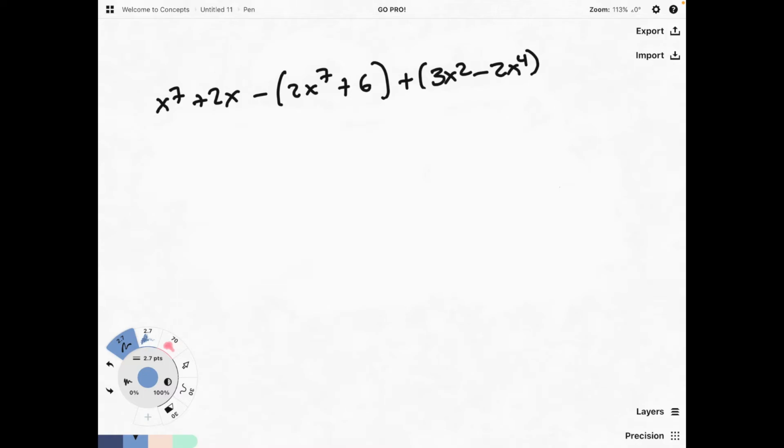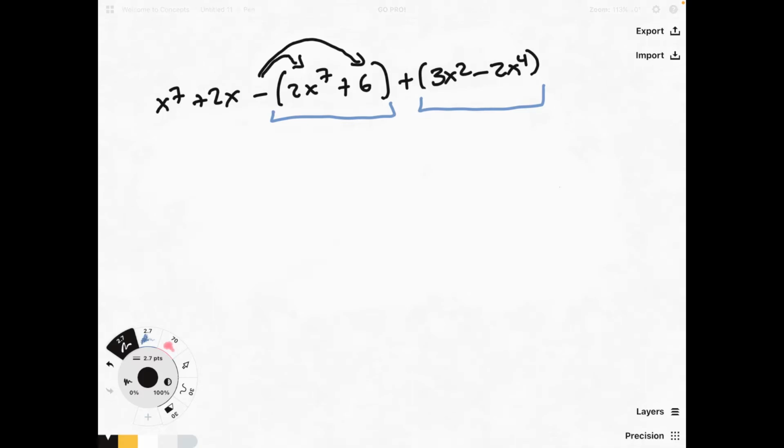The first thing we need to look at are these quantities, because we need to ensure that the value out in front is being distributed throughout that entire quantity. That is called the distributive property, and essentially what you're doing is a basic multiplication of this value out in front over all items within the quantity, and you do the same for both the plus and the minus.